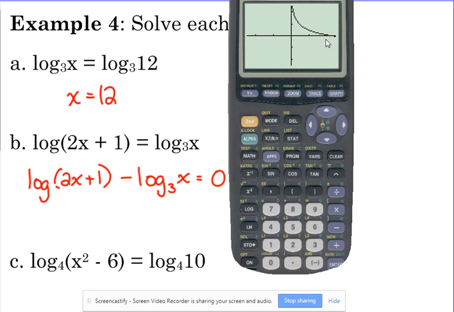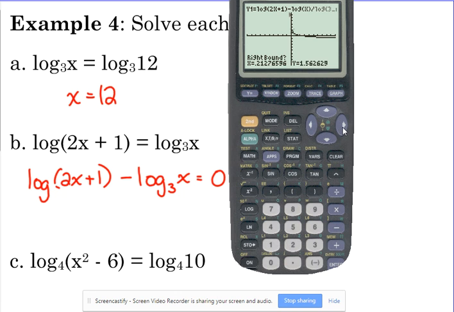Now, my calculator's in a really weird zoom right here, so I can barely see where it crosses. So I'm going to go zoom standard so I can see a little bit more. Okay, so I can see where it crosses the x-axis. Second trace, 0.